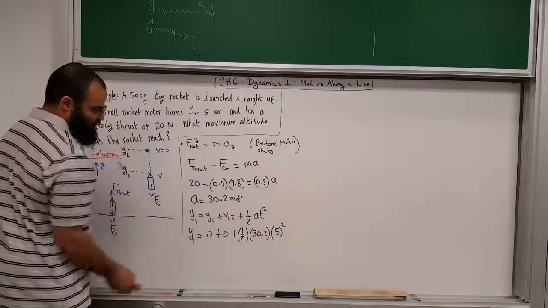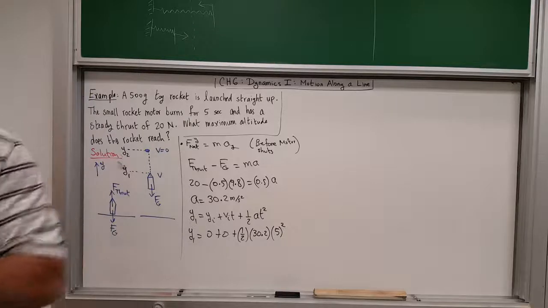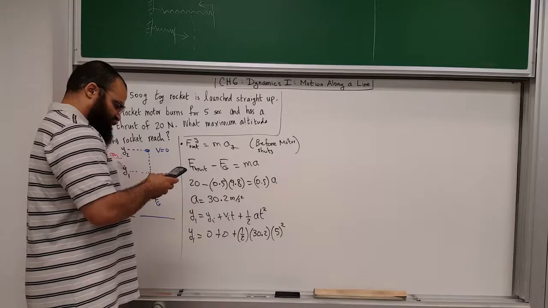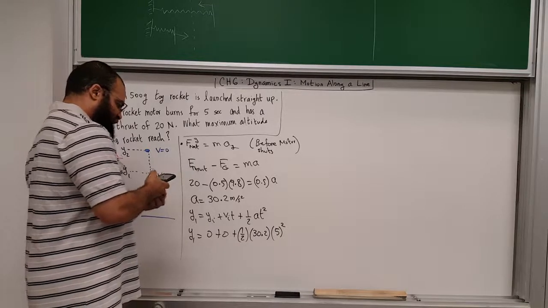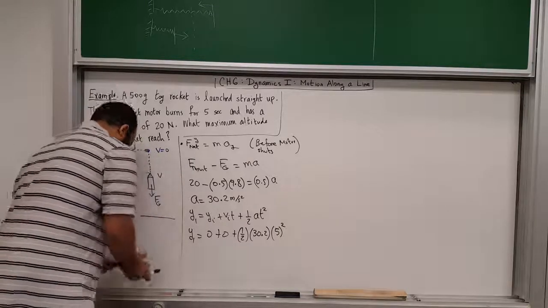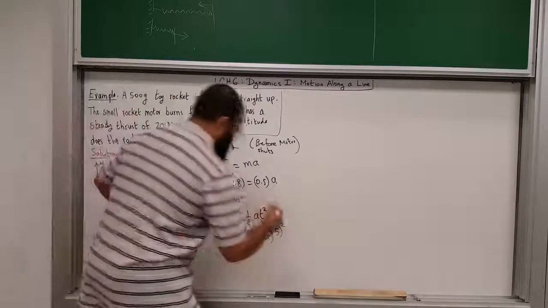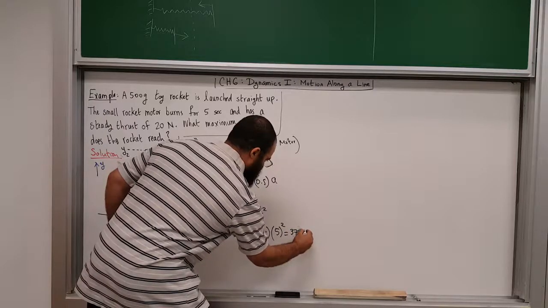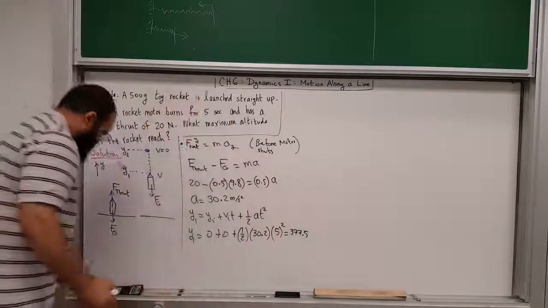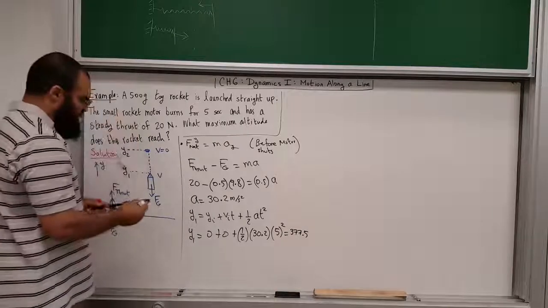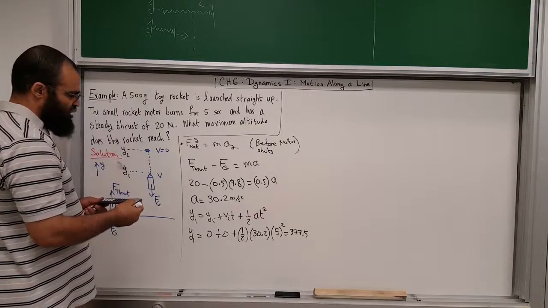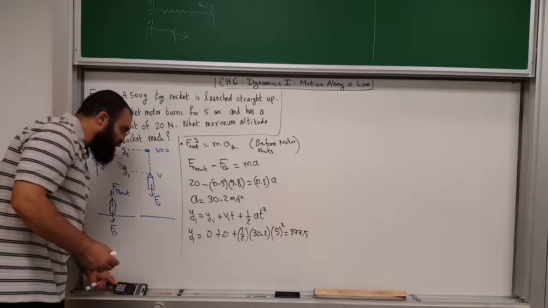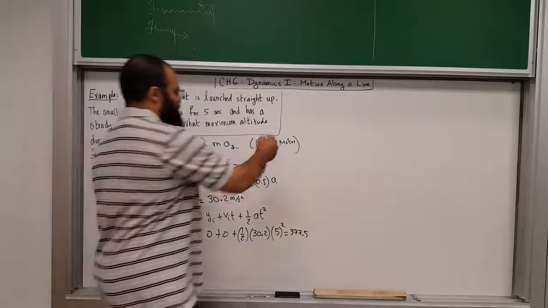So 30.2 over 2 times 25, I get 377.5. That sounds a little too low, but 15 times 25, yeah, that's okay. That's fine.